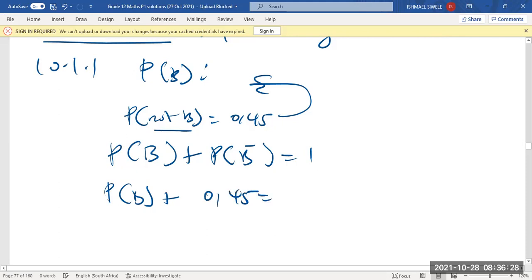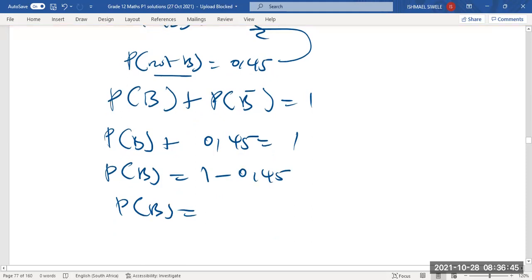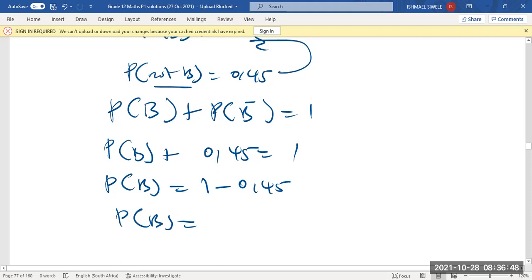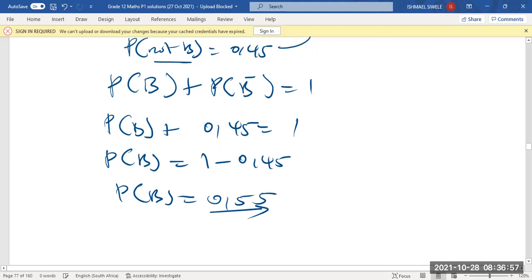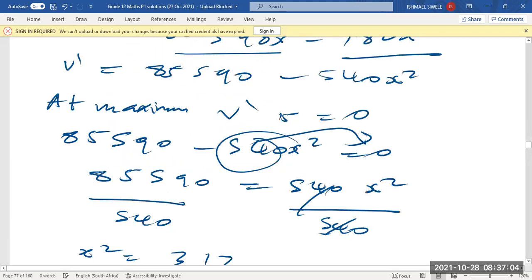So you're going to have plus 0.45, and this is equal to 1, right? So the probability of B will be equal to 1 minus 0.45, which is equal to 0.55. Okay, so that's how it is. So this is 0.55. And moving on, what is it that we are given on the next part?